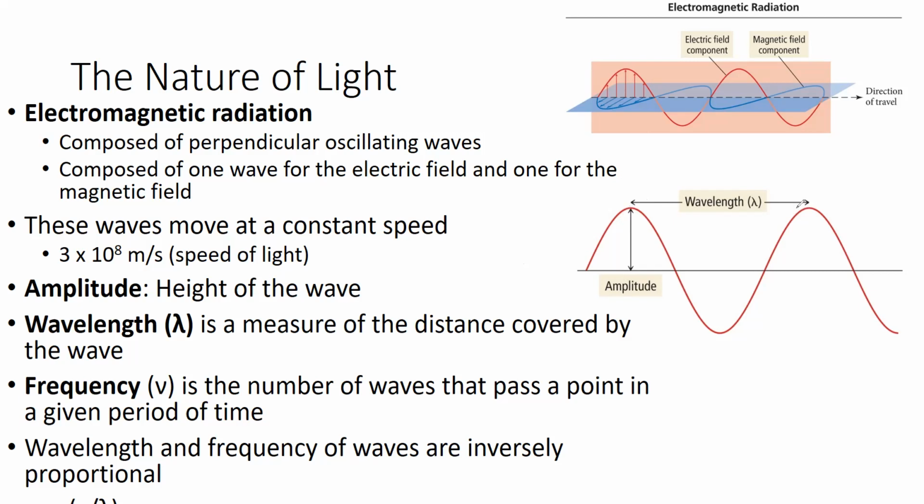What is the distance between peaks? And frequency, which is given this symbol. It looks like a V. It's not, it's Greek, but you can call it V. This symbol, by the way, is called lambda. So that's lambda. I believe this is nu. Don't quote me on that. I'm not too good on my Greek, but I just usually call it V.